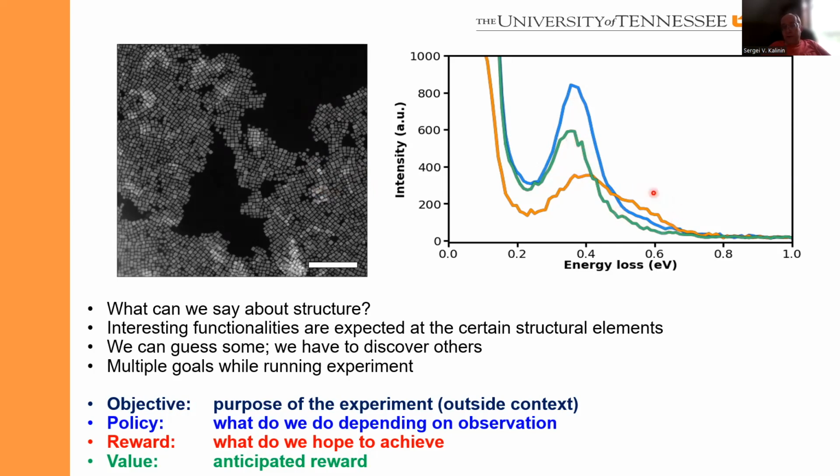And in one location, which is shown by the orange curve, I can see a shoulder on this peak. And the question I can ask is, how can I find the regions where the shoulder manifests without running EELS measurements everywhere? So this is an example of an automated experiment that goes beyond human level.